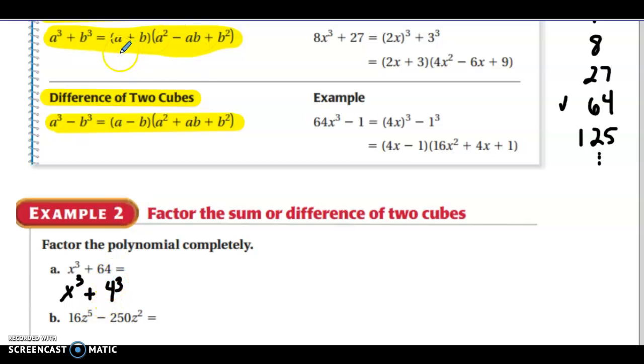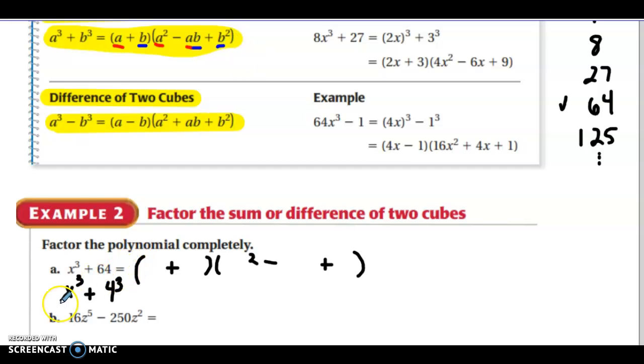So when I go to use this pattern, I'm going to kind of fill in the blanks. Instead of a plus b, we're going to use our a and b, and same thing with the rest of the pattern. So where a is in the pattern, I'm going to use x. Where b is in the pattern, I'm going to use 4. So if you look, there's my a's, and my b's are here.